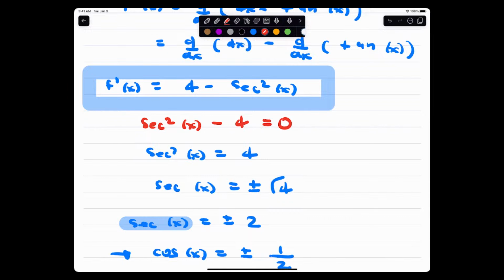Do you guys remember? Because what we checked here is where this derivative equals 0. Does that derivative ever not exist? What values of x does that derivative not exist?